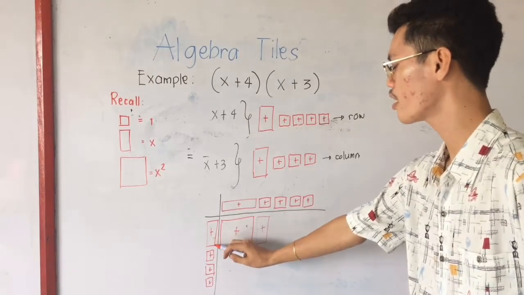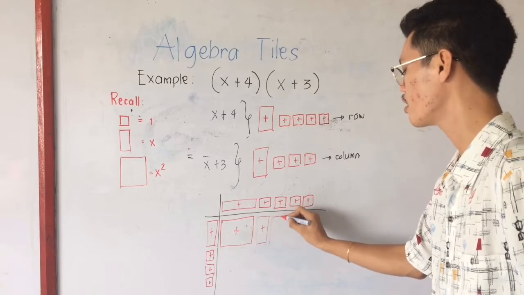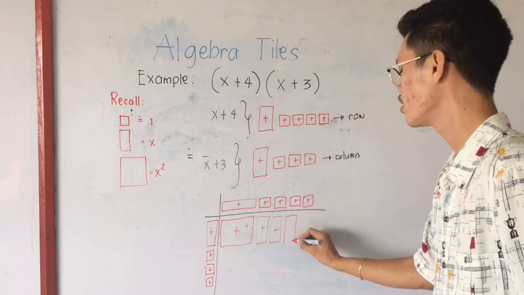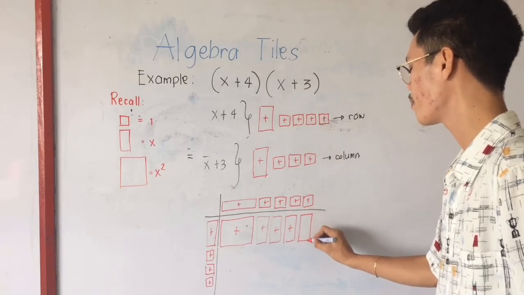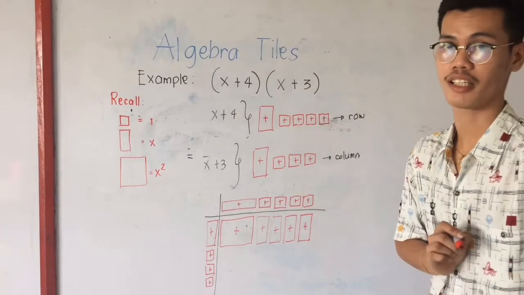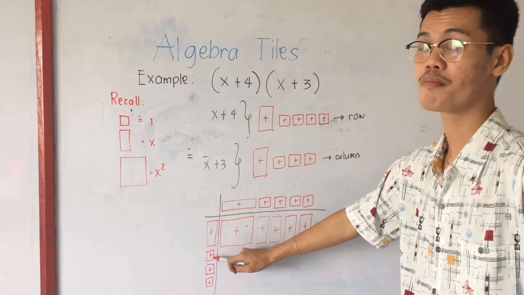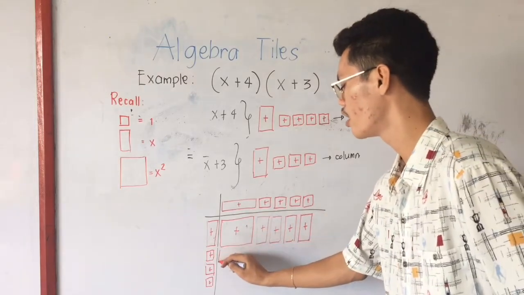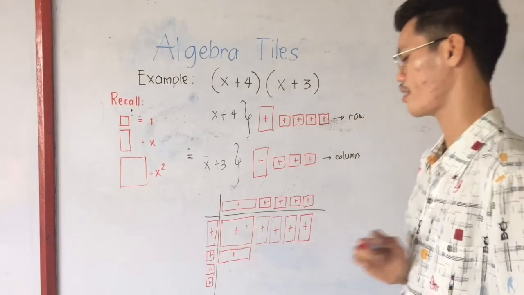Next, rectangle, small square, we have a positive rectangle. There are 1, still a positive rectangle, 2, 3, and the last positive rectangle. Next, we will multiply your positive small square by a rectangle. It is still a horizontal rectangle that is positive.